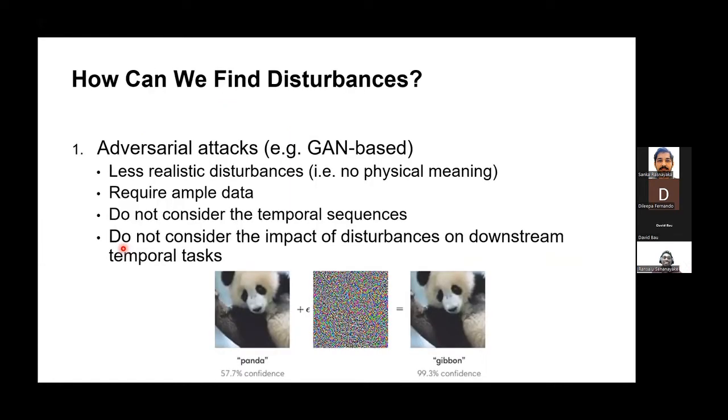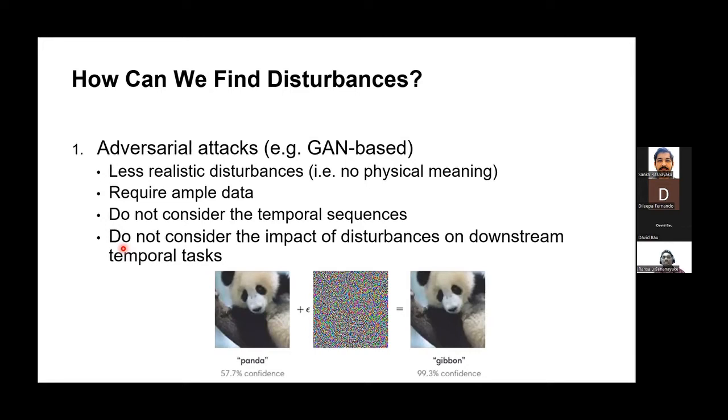There are various ways that you can handle this problem. One way is adversarial attacks based on, say, generative adversarial networks, GANs, or something. But one thing we had to make sure of, remember, is that this is a real system that provides some vision information to the decision-making algorithm, right?